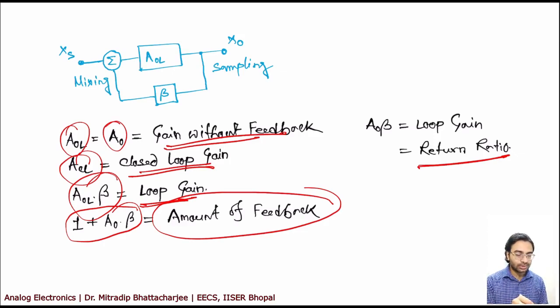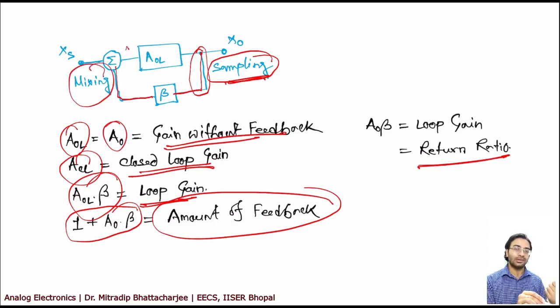Now there are two other terms as well. If you look at this, from the output you get some sample, take it through beta and mix it in the input. That's why whatever process is happening on the output side is known as sampling. It's taking a sample from the output, processing it through beta, the feedback loop, and again mixing it in the input.